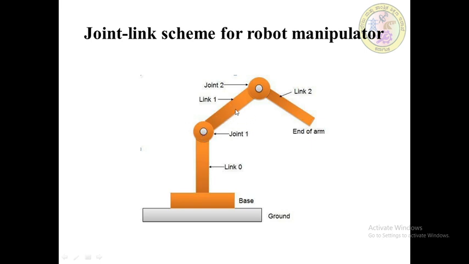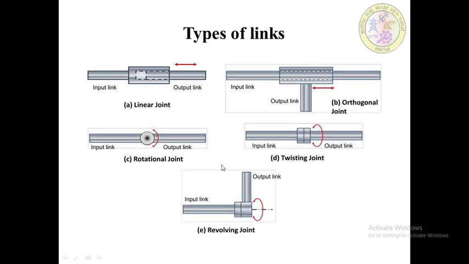With respect to link number 1 and link number 2, there is also a rotary motion, clockwise or anti-clockwise, so link 2 can be swung like this from the hinge point. These are all the manipulator joint purposes.